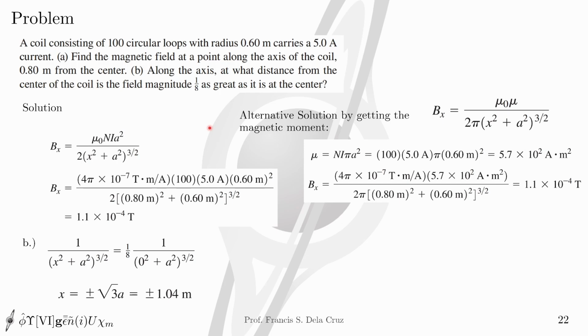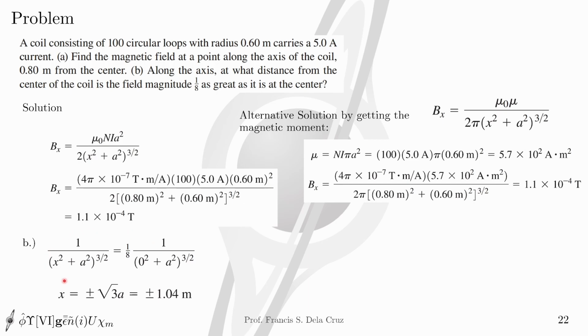So you need to compare. You equate this, substituting the value of 0 for x, which is at the center, and divide it by 1/8, so that we will know what would be the distance from the center.